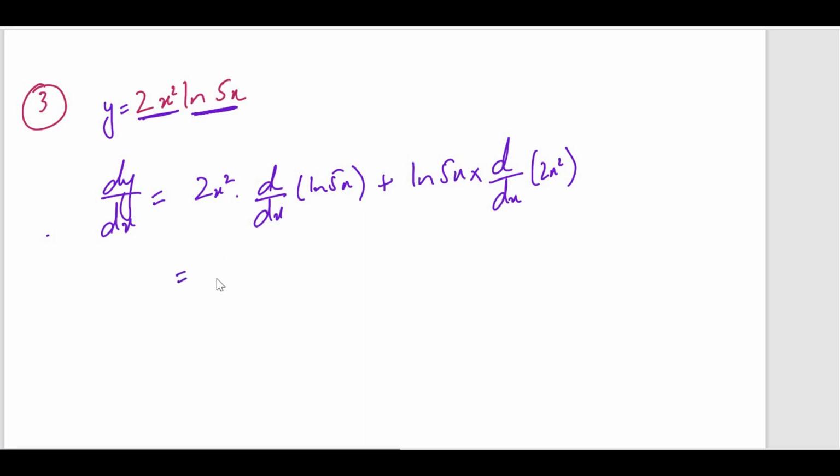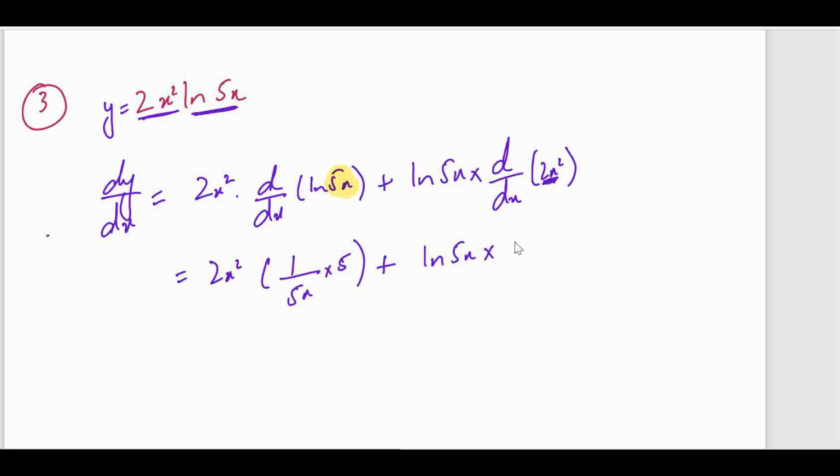Now the answer will be 2x squared into 1 by 5x multiplied by 5, because whatever the coefficient of x is, we have to multiply it with the answer, plus natural log of 5x multiplied by, now if we differentiate it, we can use the power rule.